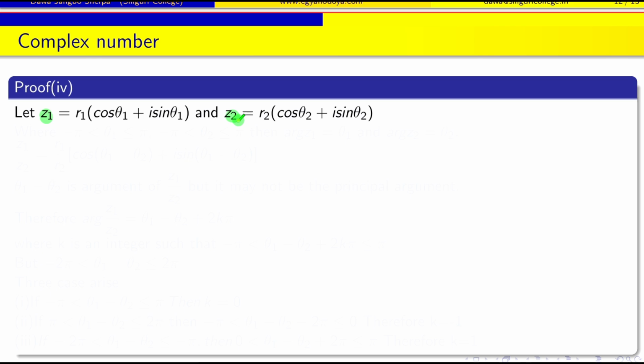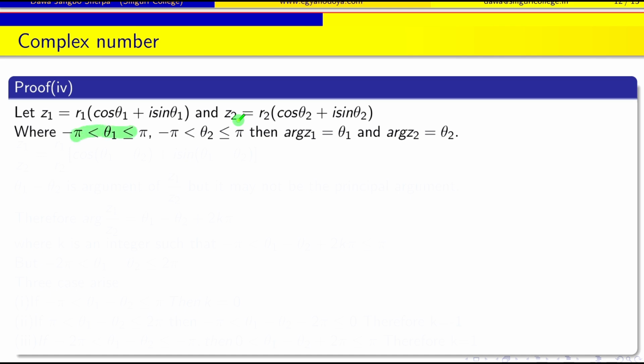Here theta 1 and theta 2 are principal arguments, so each lies between minus pi and pi. The argument of Z1 is theta 1 and the argument of Z2 is theta 2. Now Z1 by Z2 is equal to r1 by r2 (cos of theta 1 minus theta 2 plus i sin of theta 1 minus theta 2).